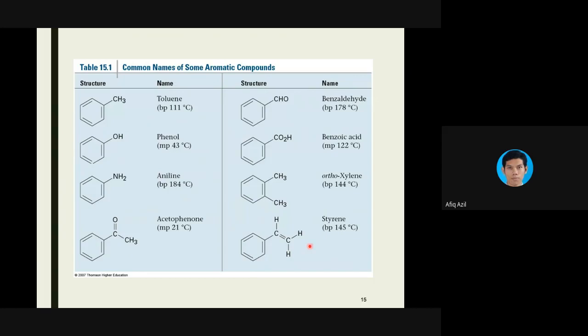Normally you just say polystyrene, but the pronunciation, if you know, is polystyrene. This is the starting material in which the polymerization will happen between this C double bond C, and then you have another structure over here that will continue. So it becomes polystyrene.